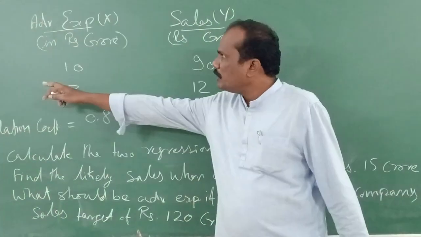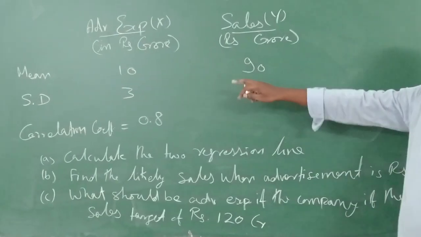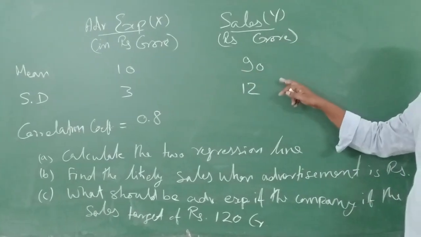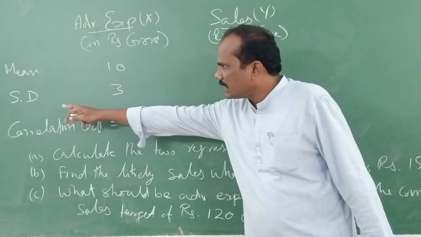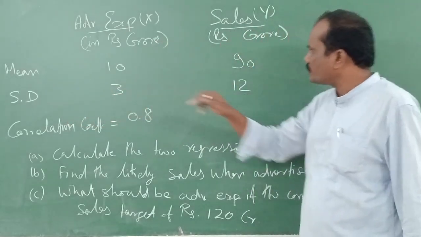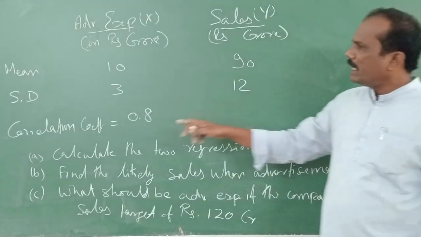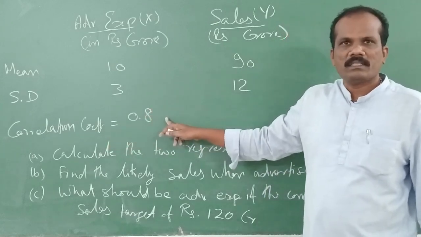The mean value of advertisement expenditure is 10 crores, and the mean value of sales is 90 crores. The standard deviation for advertisement expenditure is 3 crores, and for sales it is 12 crores. The correlation coefficient for this is 0.8.